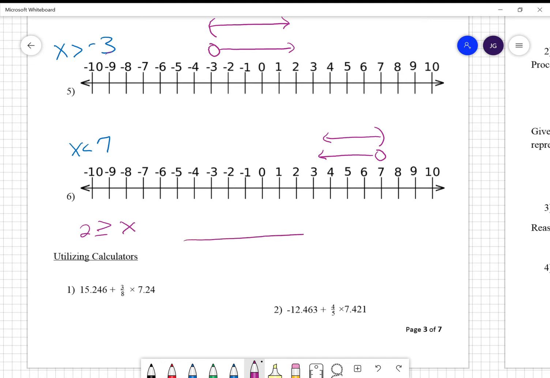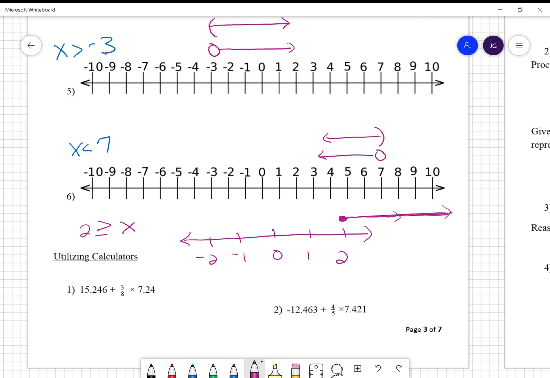If I have a number line, two is my endpoint, and it has an equal to, and that would be a closed circle. Now, 2 is bigger than x. A lot of times I get students go, oh, that's greater than, so I have to go this way. But that's saying that my answers are here. Anything here is an answer.